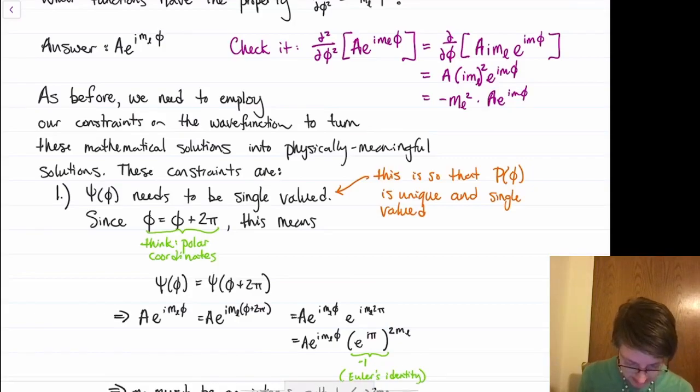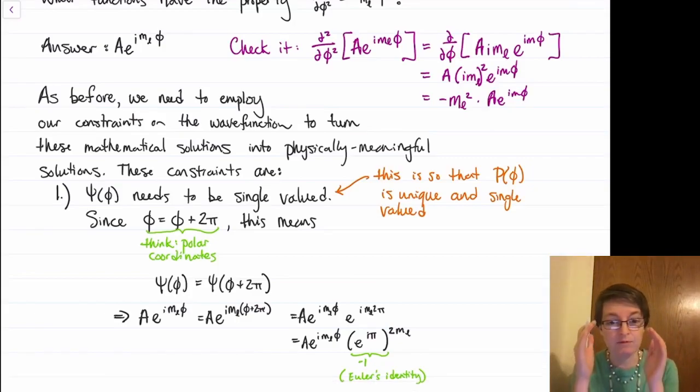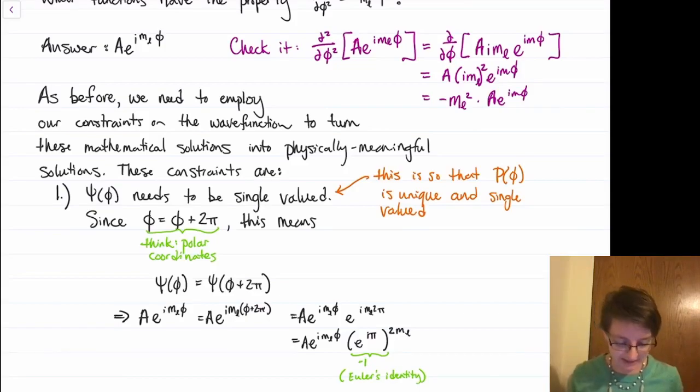And so I'm going to employ a couple of different mathematical tricks about how exponentials work. The first is that if I have within the exponent a term plus a term, that's equivalent to the first term in the exponent times the second term in the exponent. So I can split up my phi and my value of 2 pi.